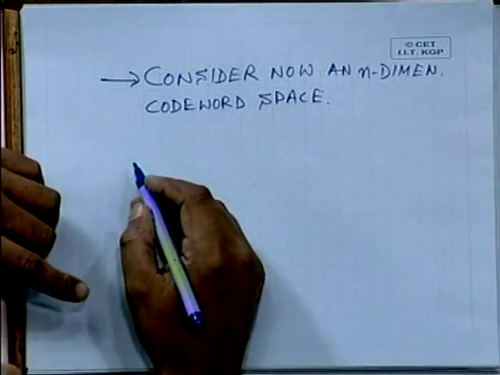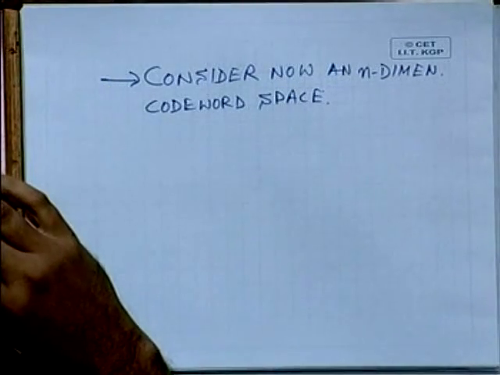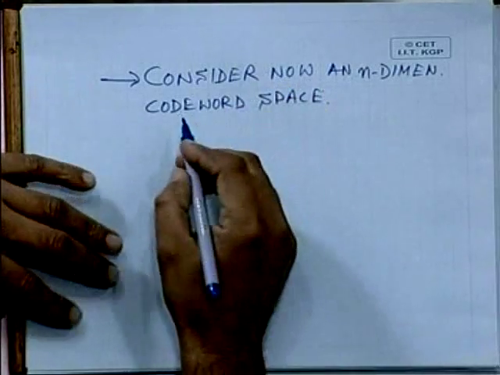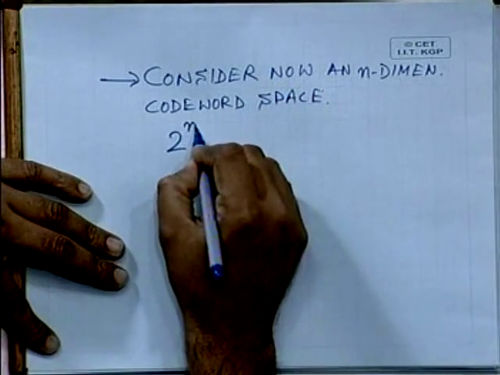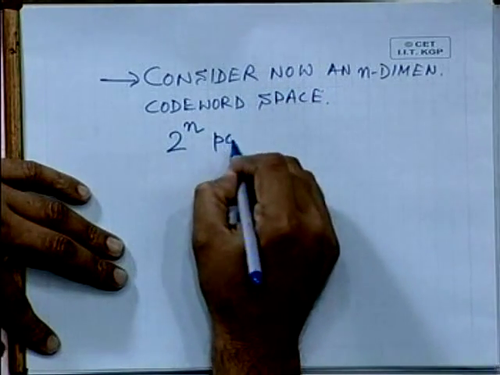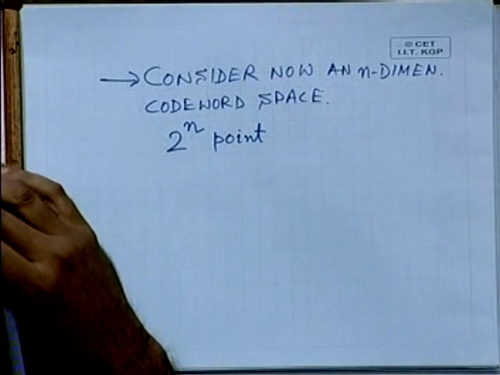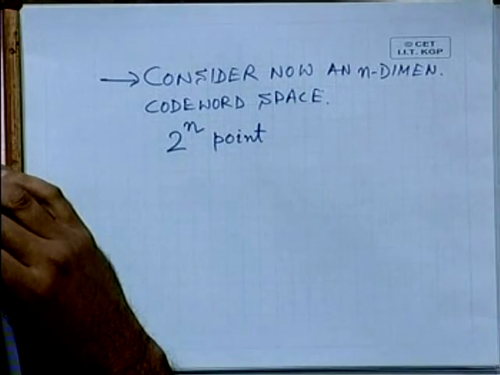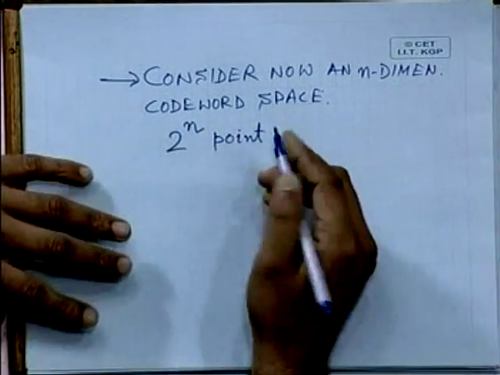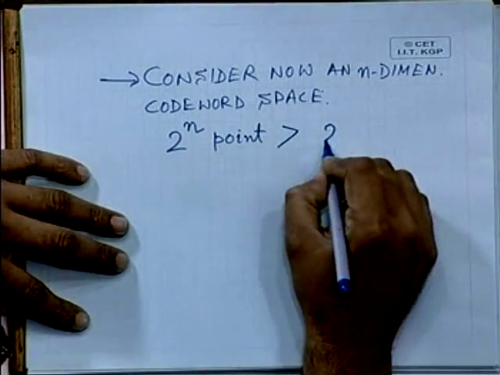So how many points are there in this n dimensional code word space? Again 2 to the power n. Is it greater than 2 to the power k? It has to be. So it is greater than 2 to the power k.